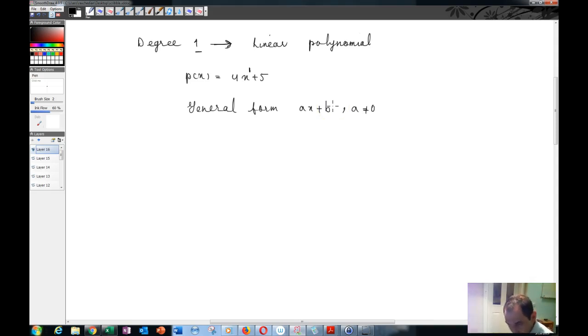And now if the degree of a polynomial is 2, then that polynomial is called a quadratic polynomial.